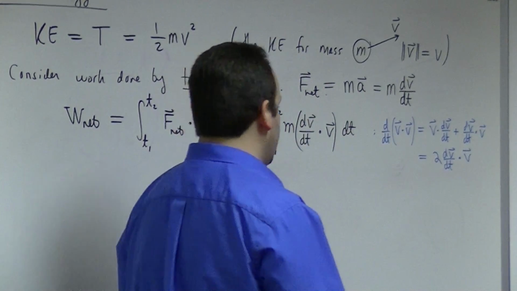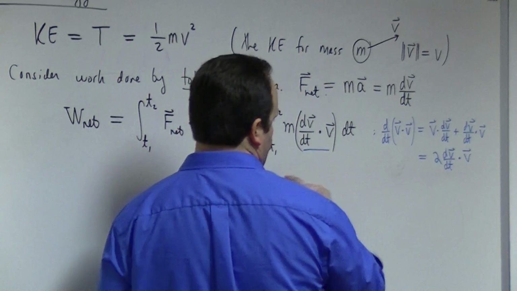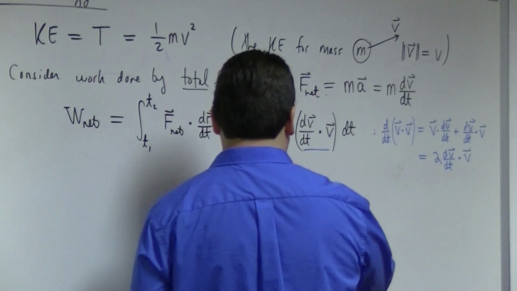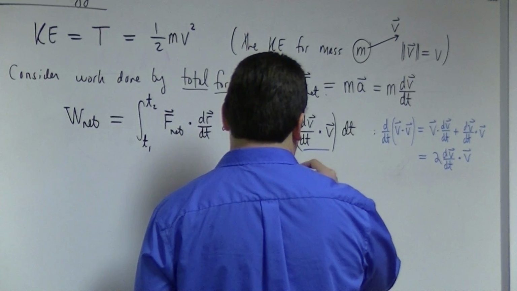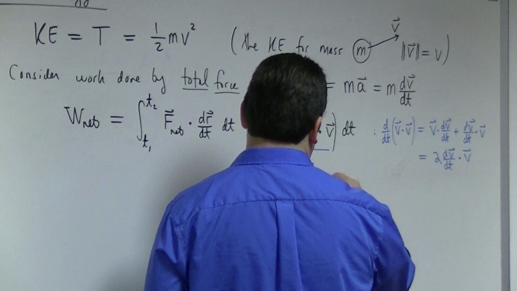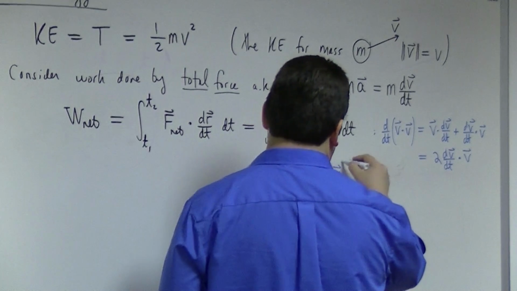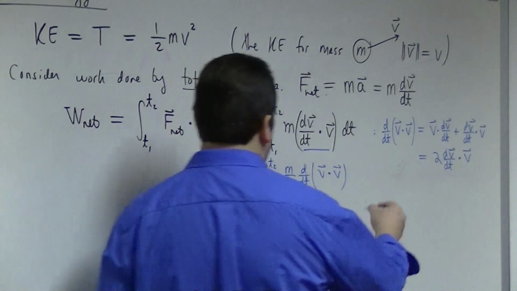So what that means is I can divide this equation by 2, and I can just as well write the integral from t1 to t2 of m/2 d/dt of v dot v dt, of course.